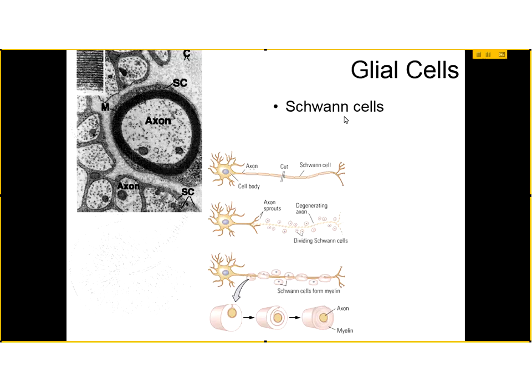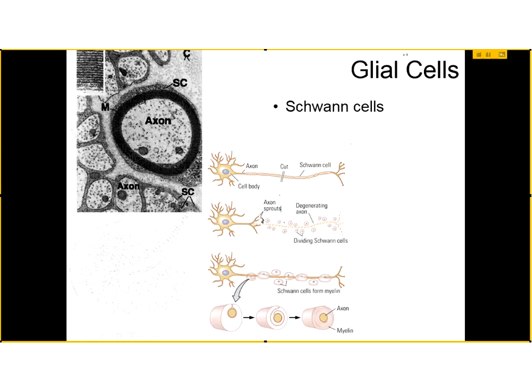Now, let's say that you're working in the kitchen one day and you're chopping up some vegetables and you sever or puncture your finger and you happen to cut one of these peripheral nerve cells. Well, what's going to happen is that everything after the cut, away from the cell body, will die. It will degenerate. But what's interesting is that the Schwann cells will actually start to divide.